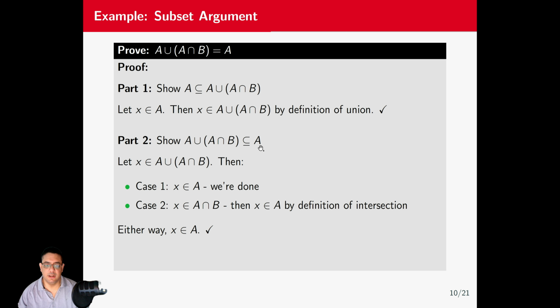We show that it's a subset of A. Now, if X belongs to A ∩ B, then by definition of intersection, X belongs to both A and B. So X needs to belong to A. So by definition of intersection, either way, X is going to belong to A. So we just showed that this set was a subset of this. Hence, since I proved both subset relationships, A ∪ (A ∩ B) is just A.